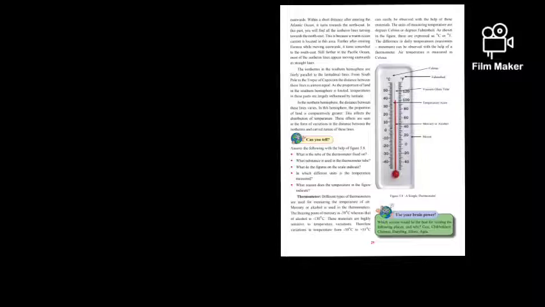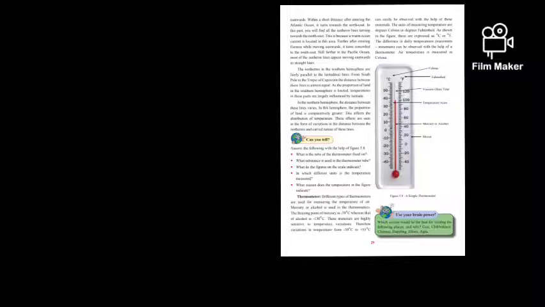So these materials are highly sensitive to temperature variation. Temperature variation means change in temperature. Therefore, variations in temperature from minus 30 degrees Celsius to plus 55 degrees Celsius can easily be observed with the help of these materials. The unit of measuring temperature are degrees Celsius or degrees Fahrenheit.